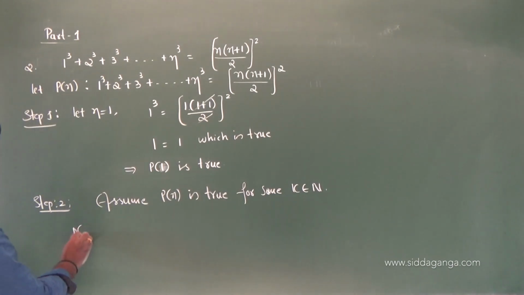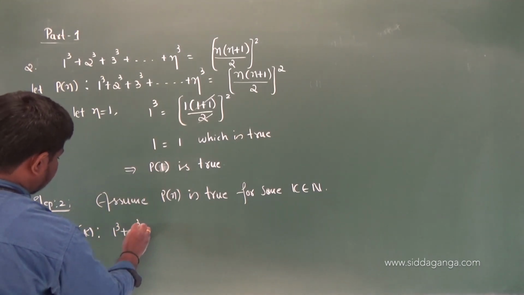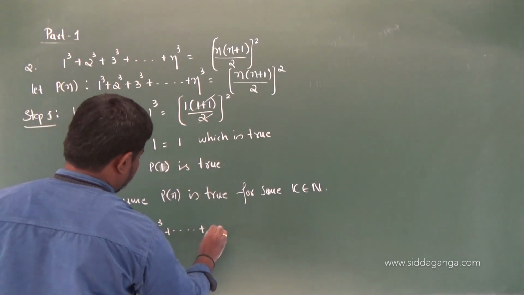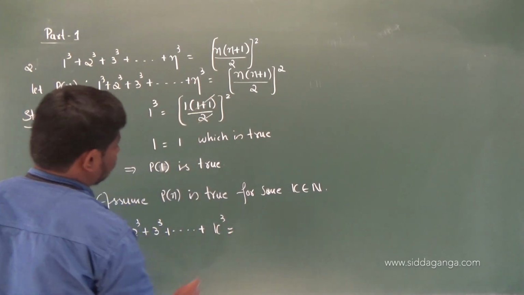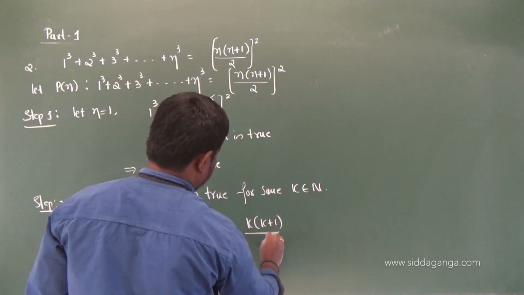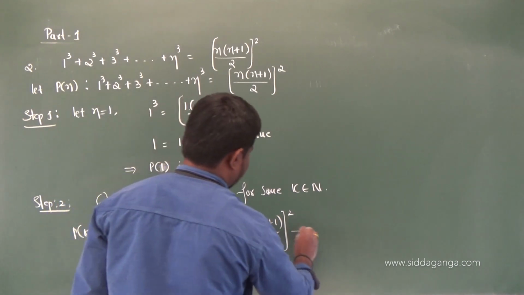That is, P of k is, right, P of k is what? 1 cube plus 2 cube plus 3 cube and so on, n cube, replace n by k, k cube is equal to k into k plus 1 by 2 whole square. Take it as equation 1.